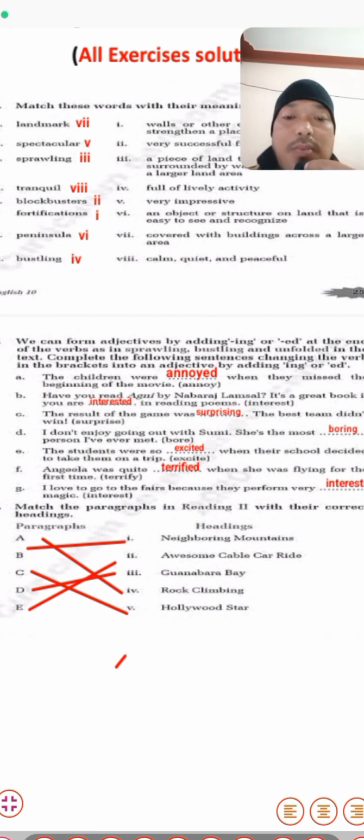And in C we talked about Hollywood, a movie where these mountains were pictured. D number is Botafogo Bay, we talked about it. And the E number, the last paragraph, is the awesome cable car ride, where we talked about cable car riding. So it's all about your C number.